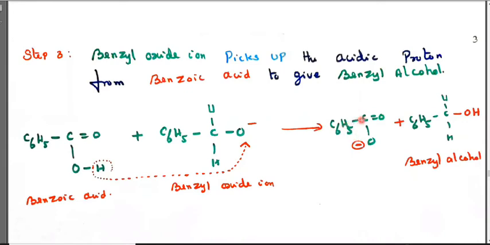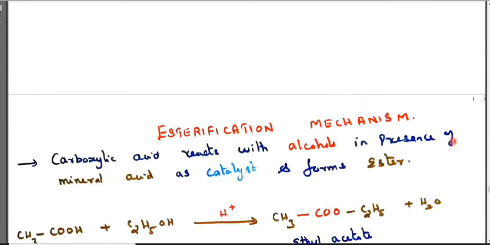Then the acid becomes C6H5COO minus, because when the hydrogen goes, it leaves the bonded electrons behind, which I have written as a minus. So it becomes a benzoate ion plus benzyl alcohol. The Cannizzaro reaction is over.